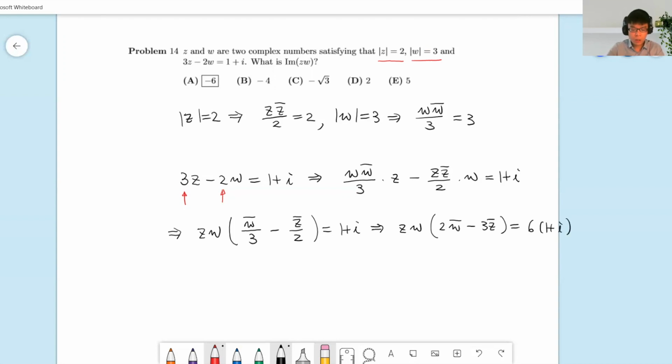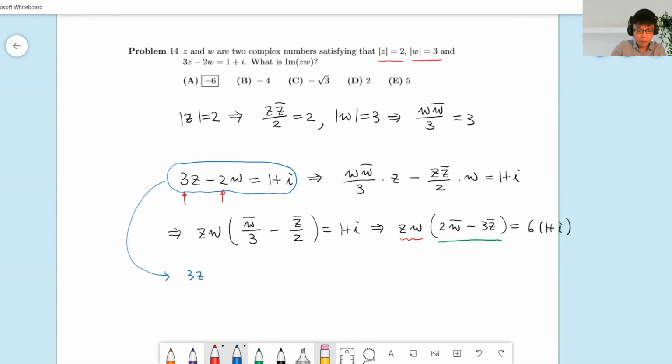All right, here, if we look at, we are interested in z times w, but there's another part in the parentheses. This is closely related to the equation given at the beginning because we have 3z minus 2w equals 1 plus I. We can take conjugate and produce 3z conjugate minus 2w conjugate equals 1 minus I, the conjugate of 1 plus I. And now let's see what's the difference.